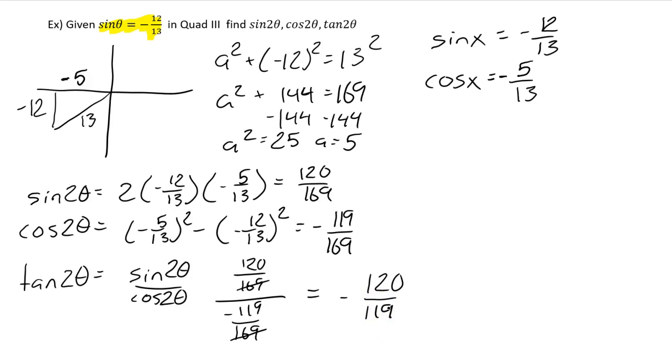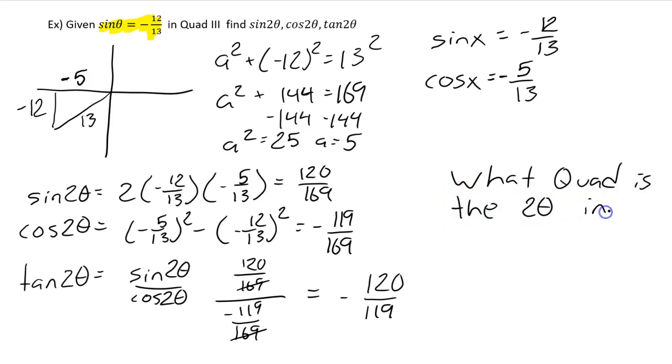Now, the next piece we need to talk about, and what they will usually ask for, is what quadrant the double angle is in. All we want to focus on is what our sine and cosine values look like.